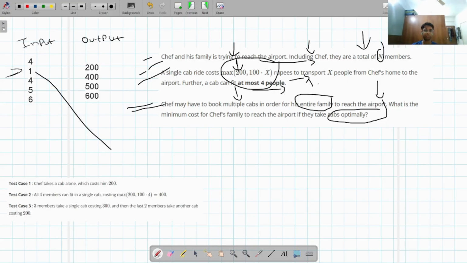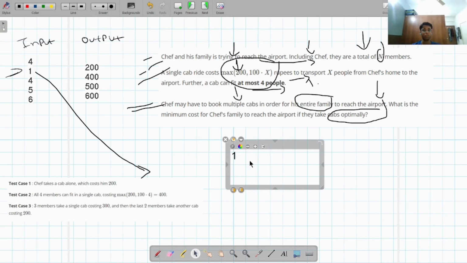So in the first test case, we have a total of one person. So for this test case we have one, the single person is Chef alone.